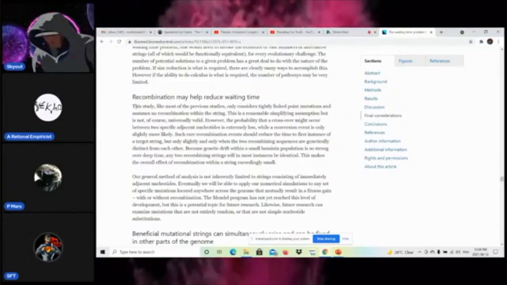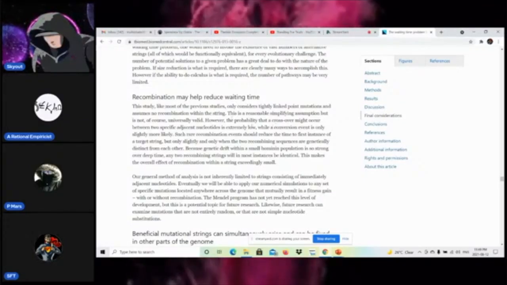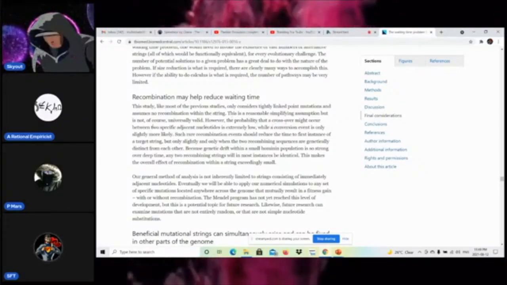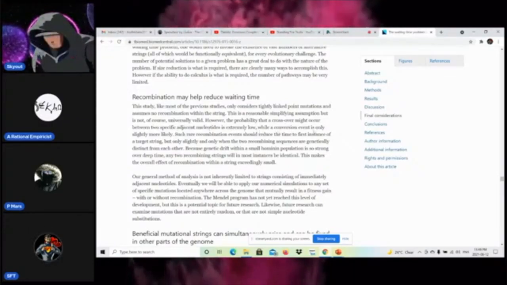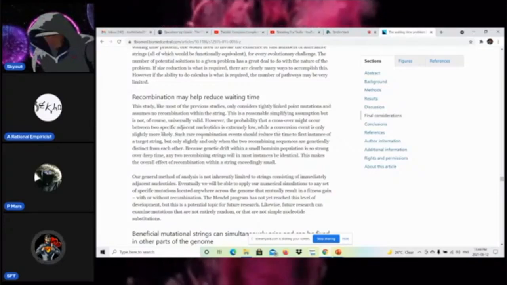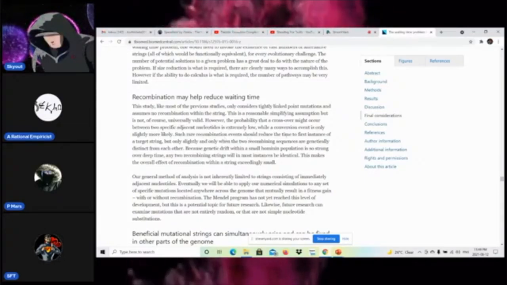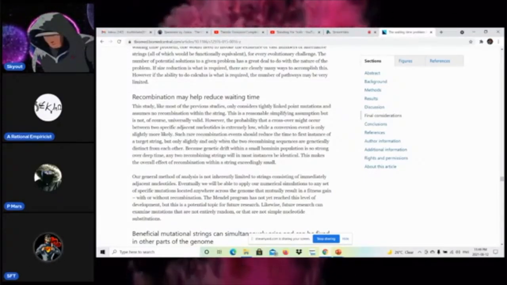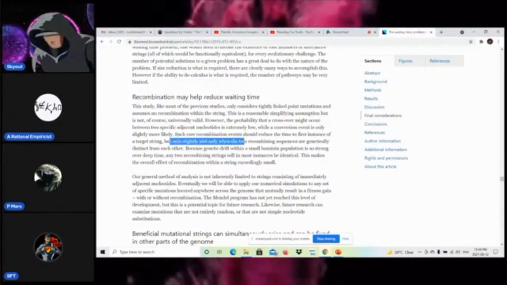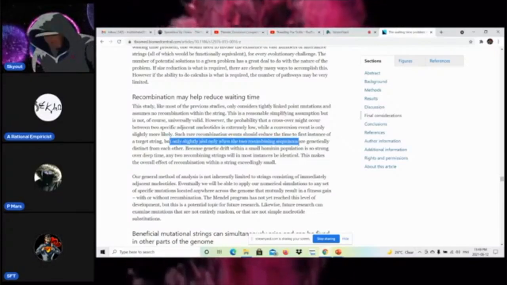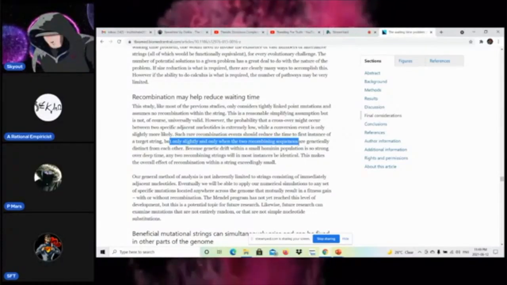Okay. Let me see here. The probability that a crossover might occur between two specific adjacent nucleotides is extremely low, while a conversion event is only slightly more likely. Such rare recombination events should reduce the time to first instance of a target string, but only slightly, and only when the two recombining sequences are genetically distinct from each other.